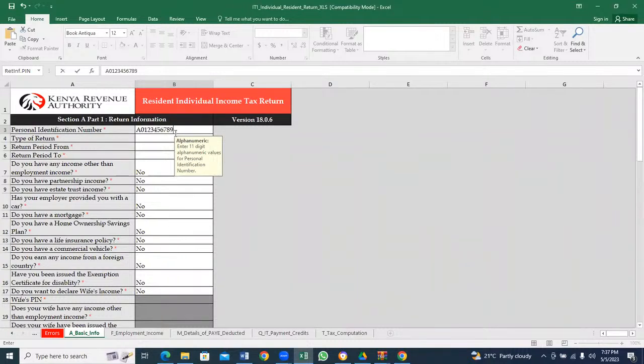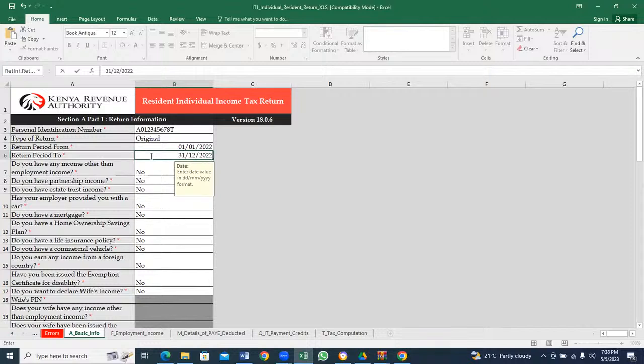So this is for somebody who is earning below the threshold of 24,000. 01, 20, 22. Alafu hapa unakuja unasema to 31st of December 2022.